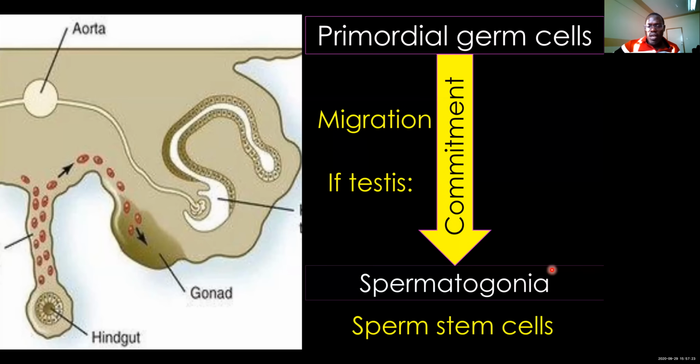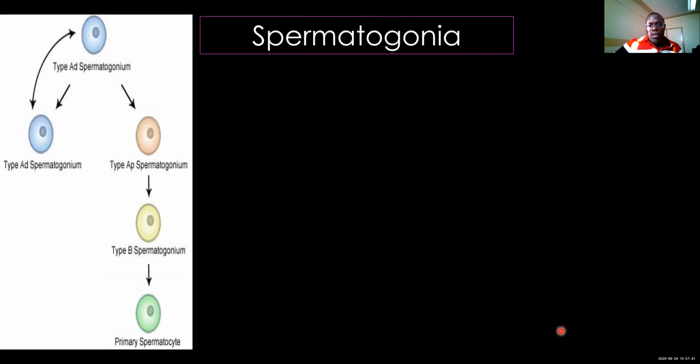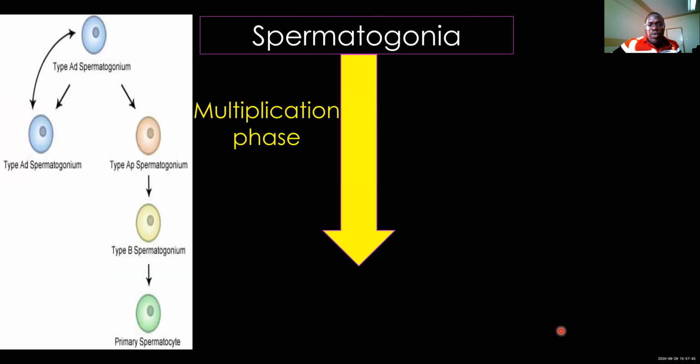Spermatogonia are therefore the stem cells of forming sperms. Spermatogonia are present in the testis. They're the stem cells for forming sperms. They stay in the testis until puberty.